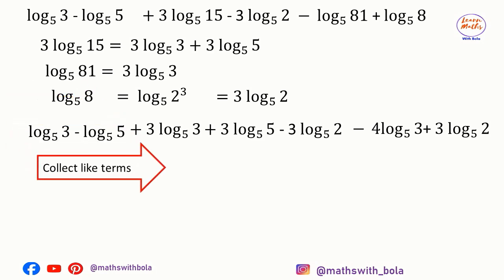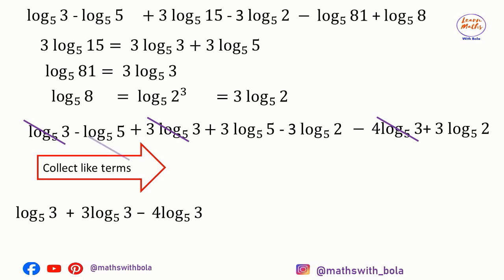So when we collect like terms, everything that is log 3, let's bring every log 3 together. Like I love doing when I'm solving questions like this, once I write it, then I cross it out so that I'll know that I've attended to it. So I have log 3, another one with log 3, so we have 3 log 3, then anything else, yes, minus 4 log 3, any other one with log 3, no. So let's go on.